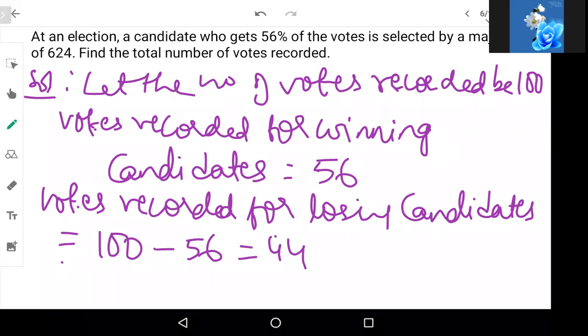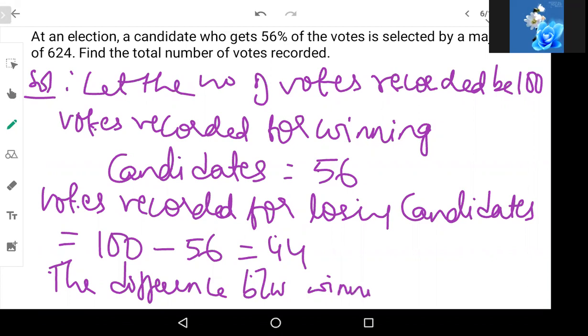Now, if you see here, there is also a difference between this 56 and 44. Correct? So the difference between the winning and losing candidate: if they have to win, they require 56 votes.